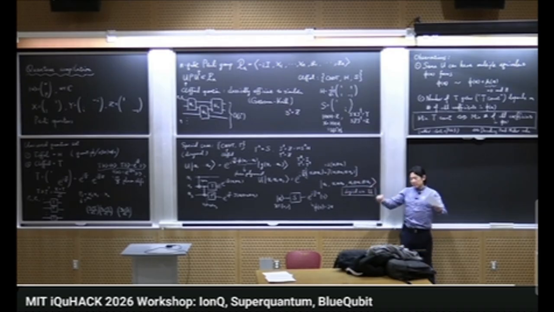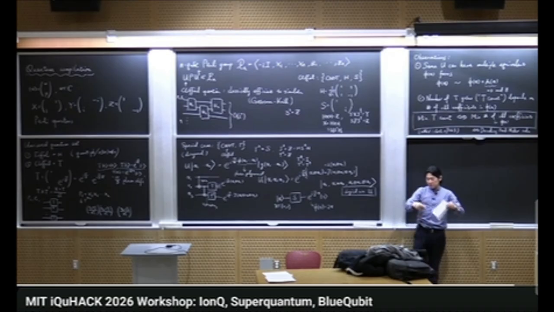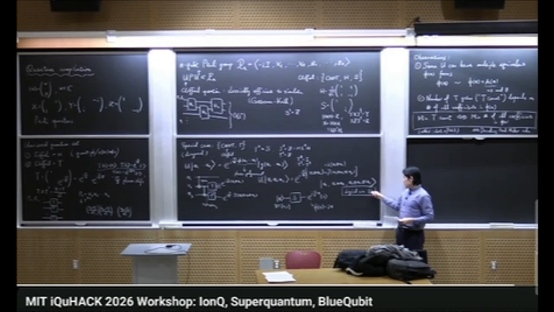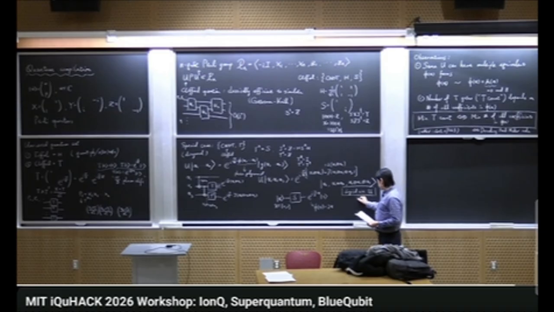Someone would write down: here's the modular exponentiation, here's the Fourier transform. It's all in the logical circuit. Basically, it says here's the set of operations I would like to perform. I don't care how you do it, but here's what I want to see happen. And then there's the compilation to Clifford plus T.